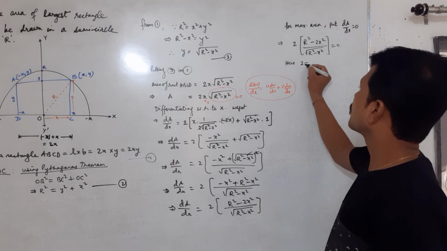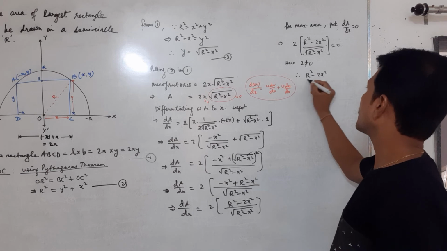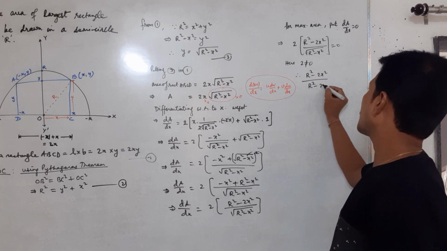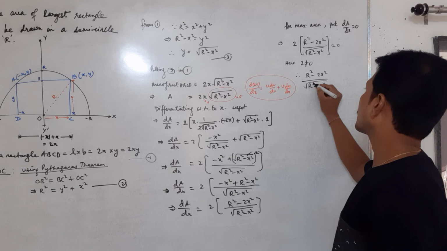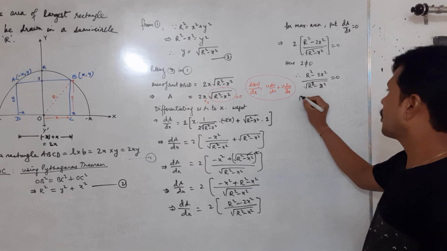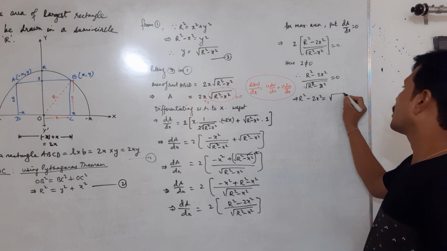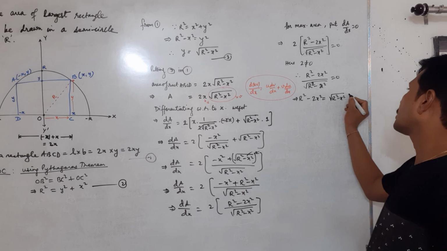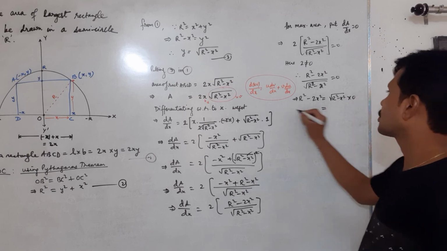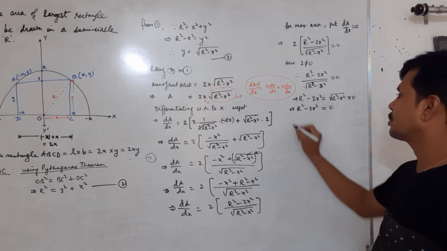Here 2 is not equal to 0, therefore r square minus 2x square upon under root r square minus x square will be equal to 0. Now go for further calculation. So r square minus 2x square is equal to 0.